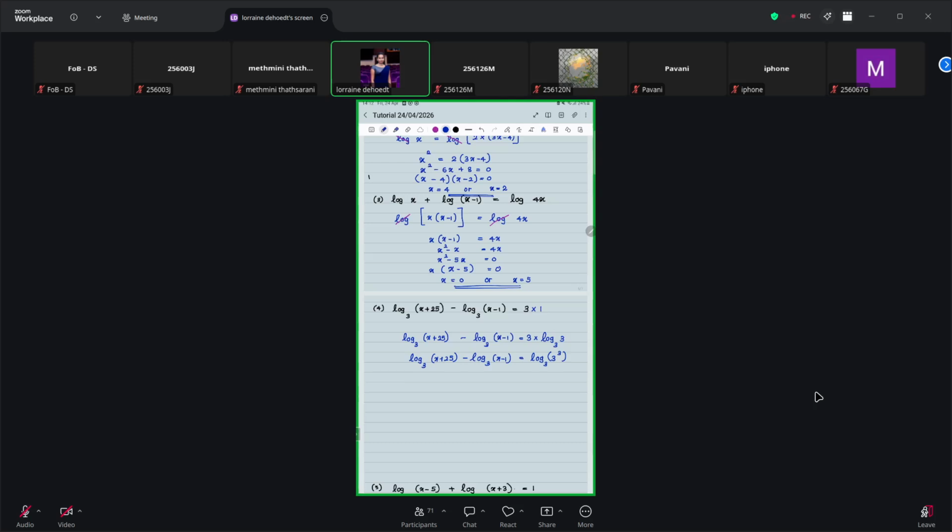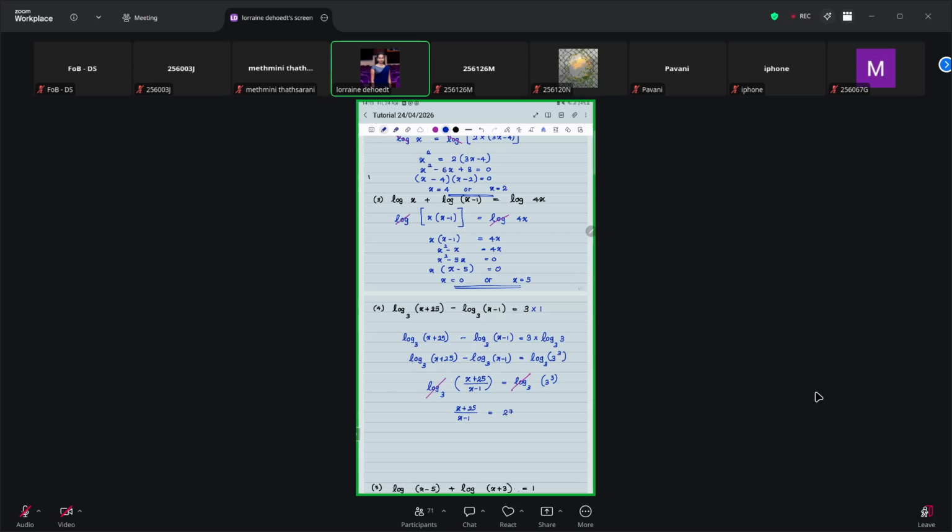This is a subtraction, which means you can write it as a ratio. It's equal to log base 3, 3 to the power 3. There is only one log term on the right hand side and also the left hand side, so you can cancel out log to log. Then x plus 25 over x minus 1 equals 3 to the power 3, which means 27.